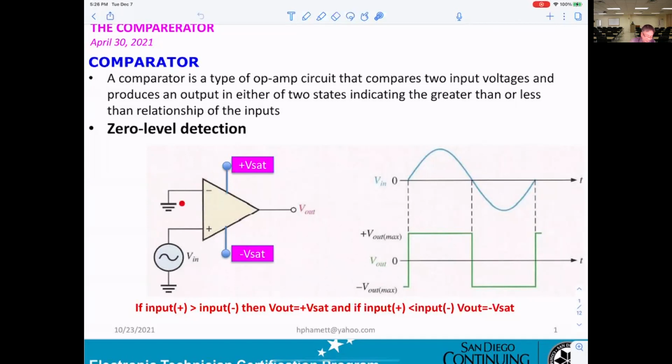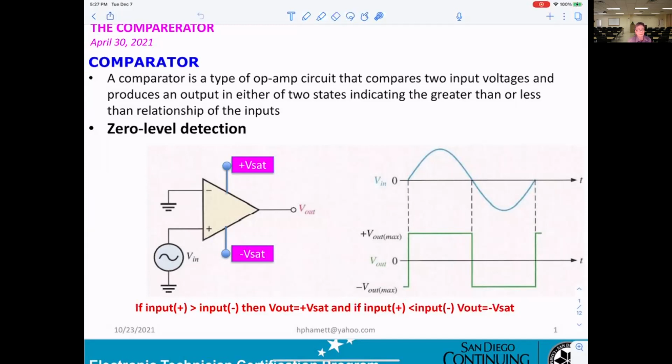When you're looking at the circuitry, you know right away this is a comparator. The thing is, in the lecture we're giving you more detail. However, normally they're not.